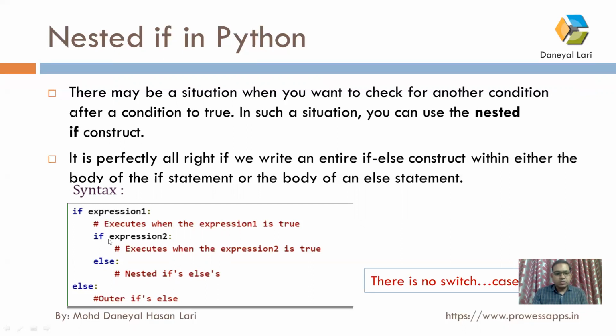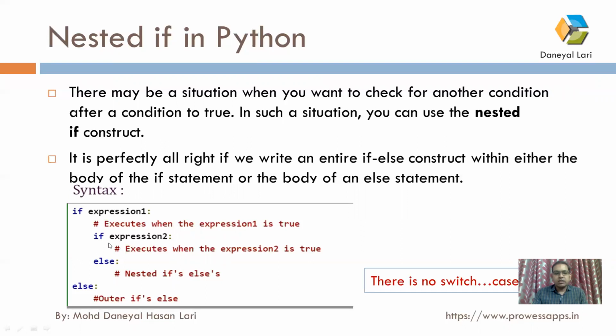One more thing you have to remember is that Python follows indentation. Indentation is for every block. For the first if statement with expression 1, all the statements under the control of this if block should be indented accordingly.